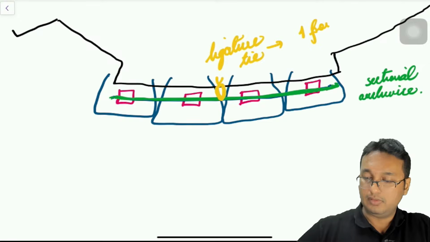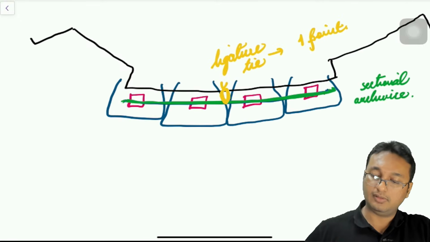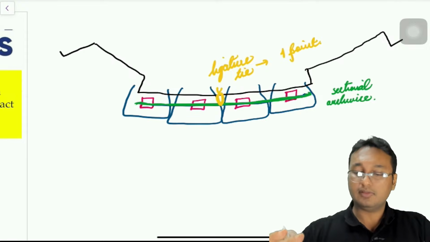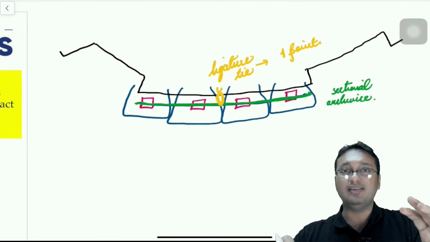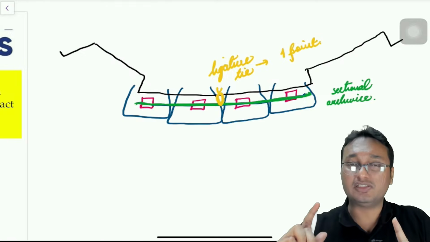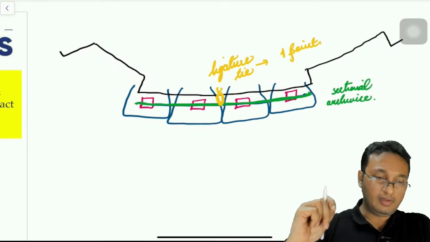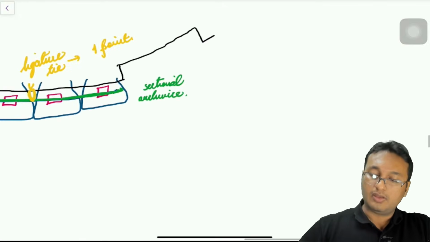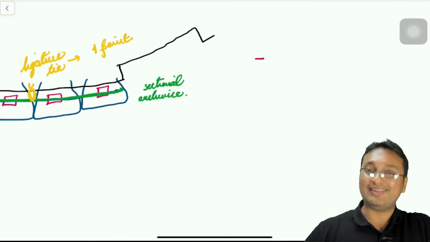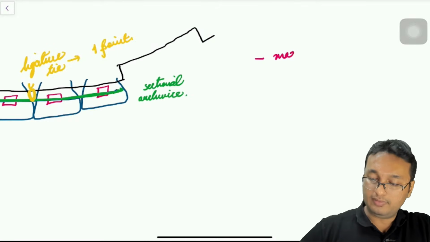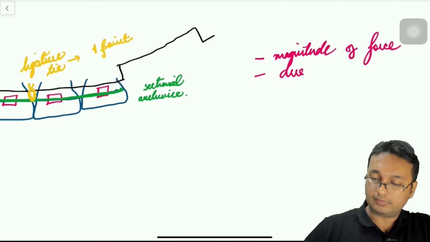So that means the utility arch is attaching itself to the sectional arch wire at a single point, right? Because of this configuration, the orthodontist is in a position to know exactly what is the magnitude of force, what is the direction of force, and what is the direction of the net moment.